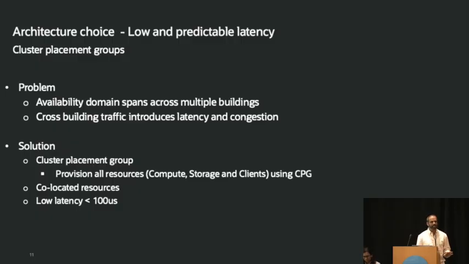The customer creates a cluster placement group and passes it, so that all the resources provisioned for the file system will be from the same room or same building, so that the latency is very minimal, less than 100 microseconds. The same cluster placement group can be used when the customer creates their Lustre clients as well, so that the Lustre client also sits near the file system.